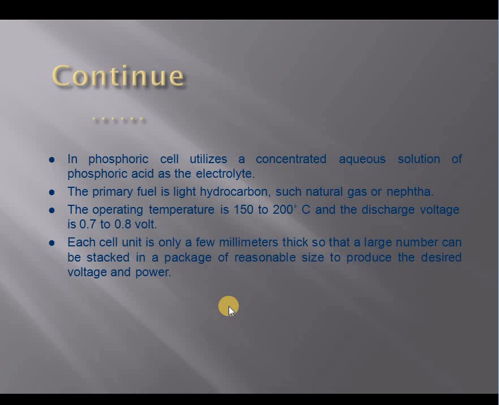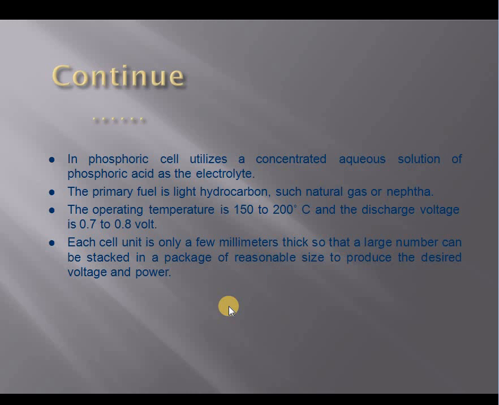Now it is telling what type of cells use which type of electrolyte solution. The phosphoric acid cell uses a concentrated aqueous solution of phosphoric acid as an electrolyte. The primary fuel is a light hydrocarbon such as natural gas or naphtha, and the operating temperature is 150 to 200 degrees Celsius, and the discharge voltage is 0.7 to 0.8 volts.